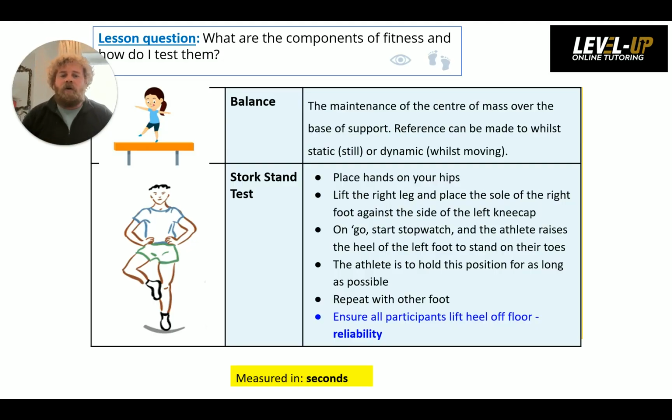The athlete is to hold this position for as long as possible. Then you repeat that with the other foot. This is measured in seconds. In terms of reliability, we need to ensure that all participants lift their heels off the floor, and obviously need to keep them off the floor as well.